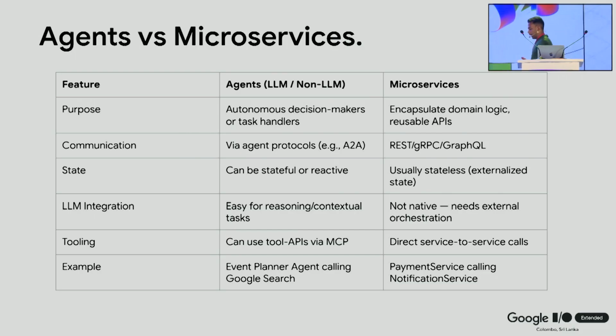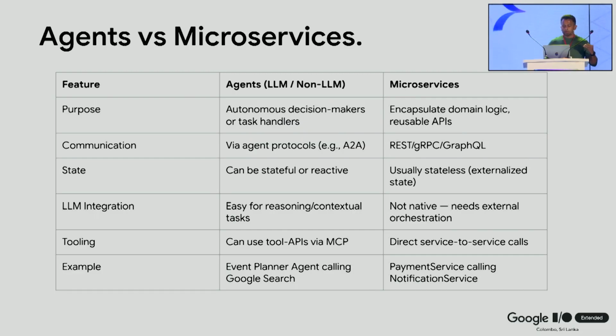It can handle tasks, and it can make certain decisions. But a microservice encapsulates the domain logic and literally works as an API which is stateless. So agents can be stateful, or even reactive, but microservices are usually stateless, right?